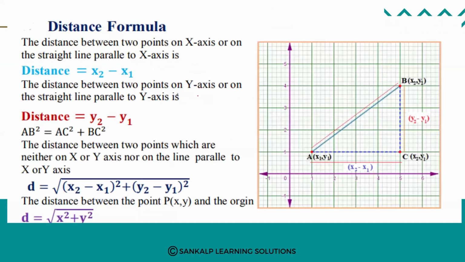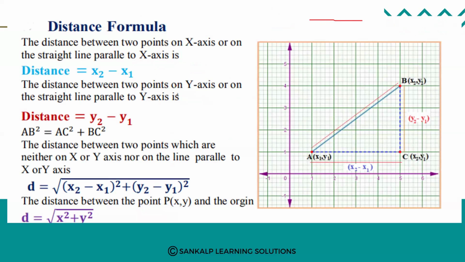Then the distance between 2 points on the y-axis or on a straight line parallel to the y-axis. See, for example, this is A to C. This line is parallel to the x-axis, right? So if the line is on the x-axis, then x2 minus x1.